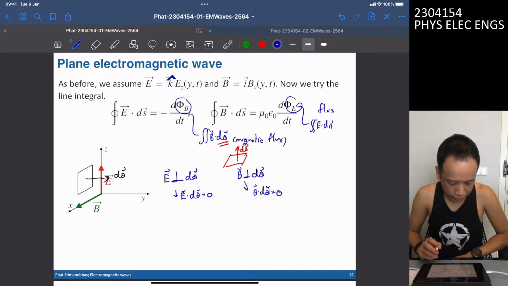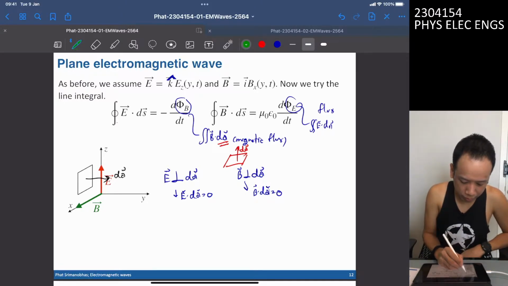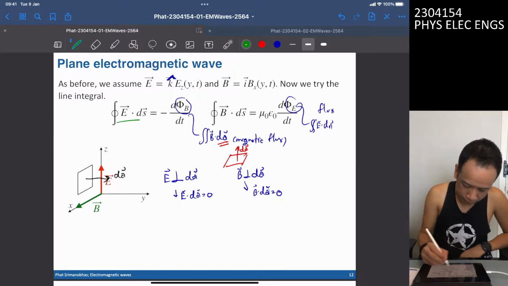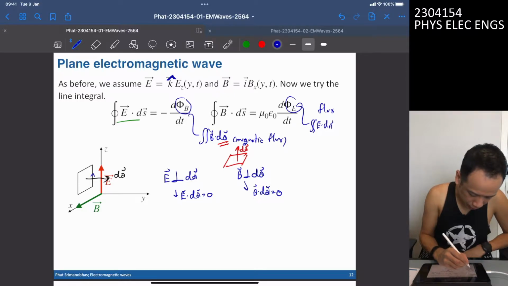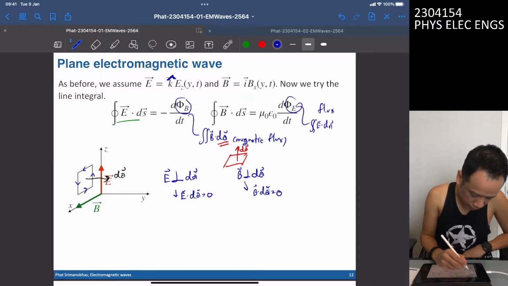Next, we're talking about the left hand side. Okay, I will do it on this one. So let's say that you have the loop like this. Okay, so for the E dot ds on the surface 1, 2, 3, and 4.